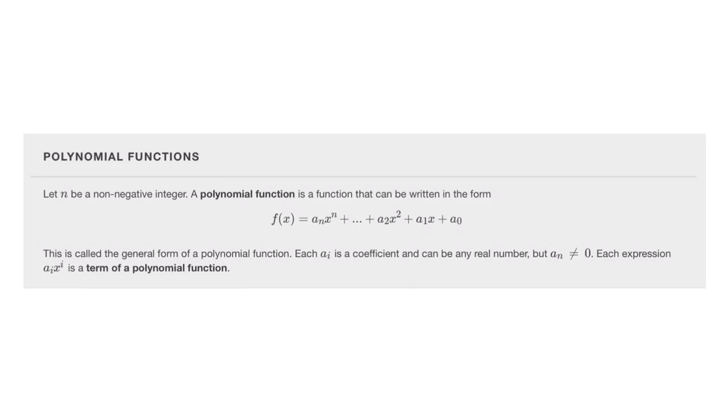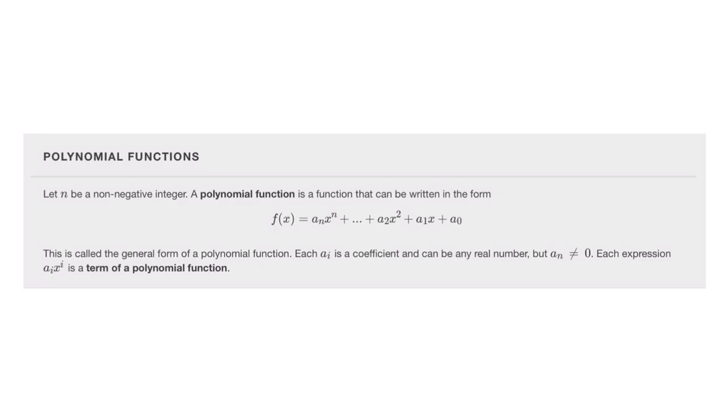So now we have polynomial functions. Let's see how the text officially describes this. Let n be a non-negative integer. A polynomial function is a function that can be written in this form. This is called the general form of a polynomial function. Each a_i is a coefficient and can be any real number, but the leading coefficient a_n cannot be 0. Each expression a_i x to the i is a term of a polynomial function, right?